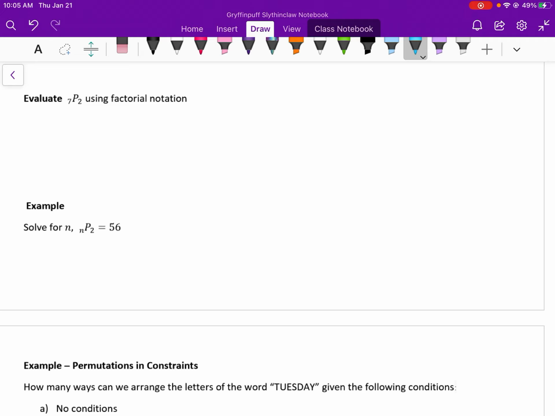We're going to evaluate 7P2 using factorial notation without a calculator. Just to recall, nPr is equal to n factorial divided by n minus r factorial.